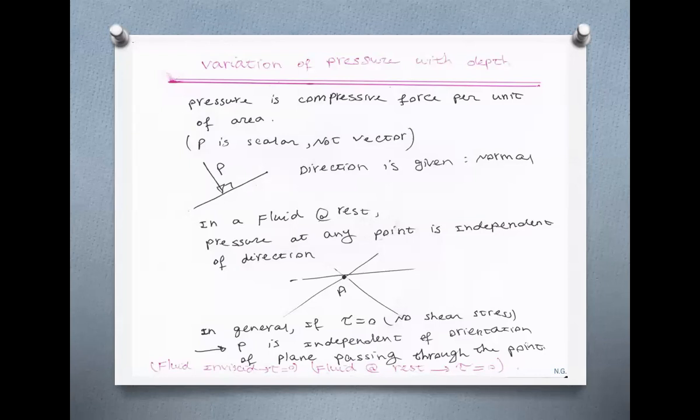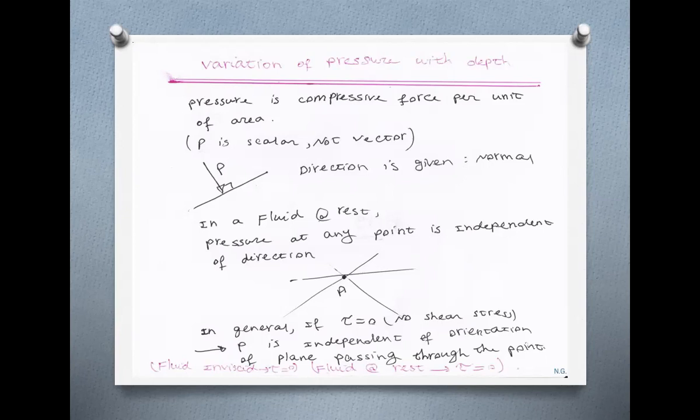And shear is 0 when there's no motion, like when we are talking about water in a pool or water in a tank. No motion, no friction, even if the fluid is viscous.